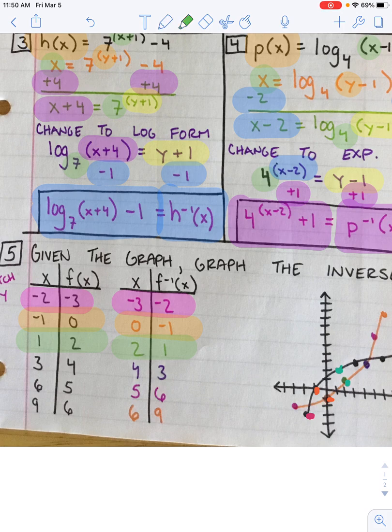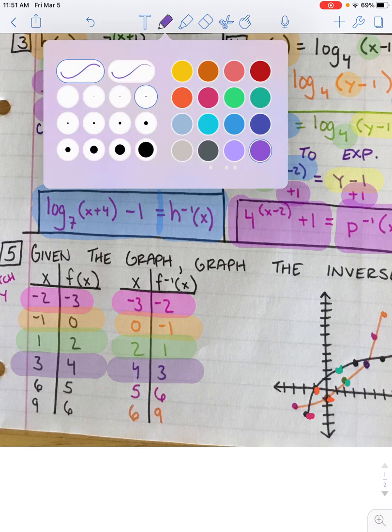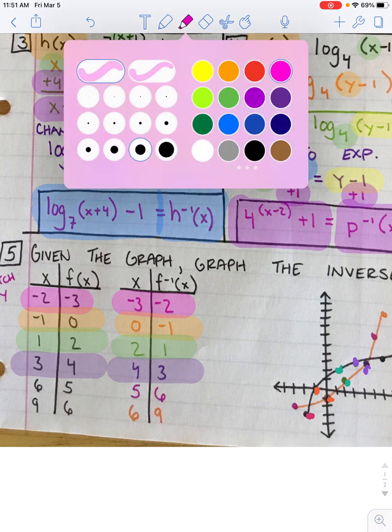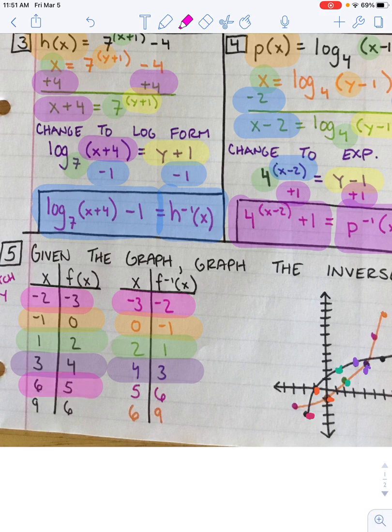Next up, we have the point 3 and 4. Switch x and y, it becomes 4 and 3. So the point 3 and 4 is here. The point 4 and 3 is here. Okay, now we have the next point, which is 6 and 5.